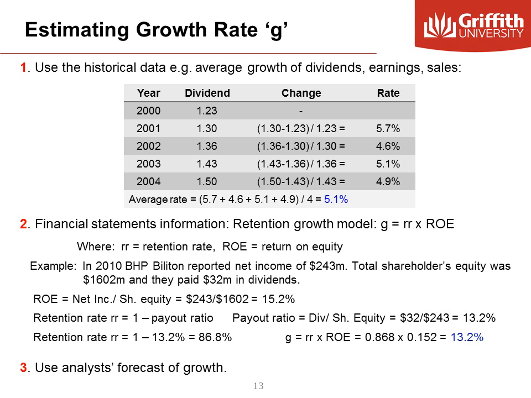So the retention rate, RR, is 1 minus the payout ratio. So the retention rate is 1 minus 13.2% equals 86.8%. Using this number and the return on equity, we find the growth rate as RR multiplied by ROE, equal to 13.2%.